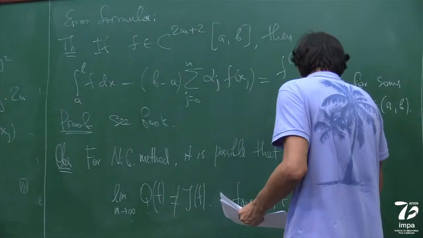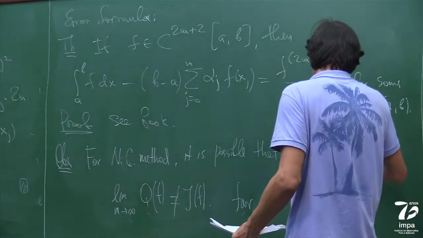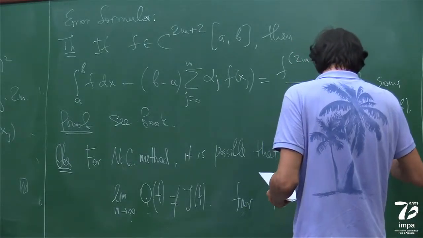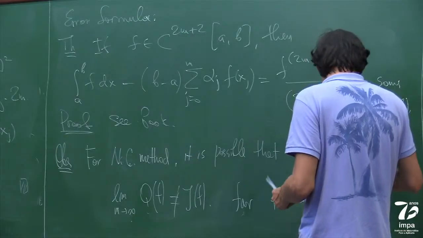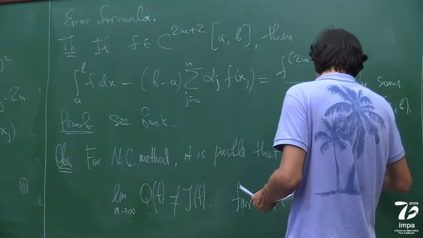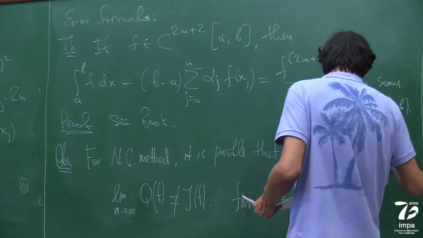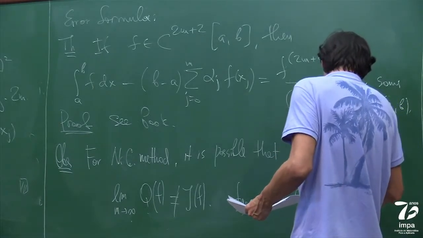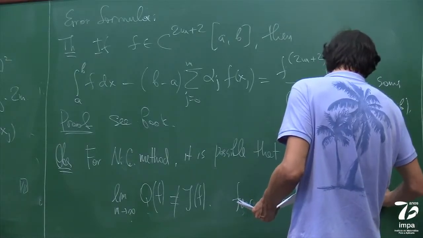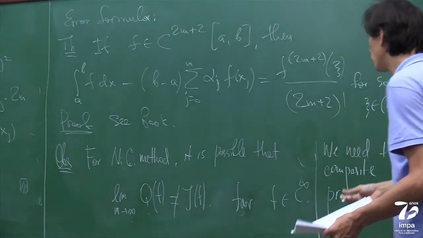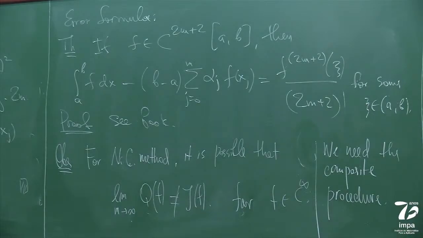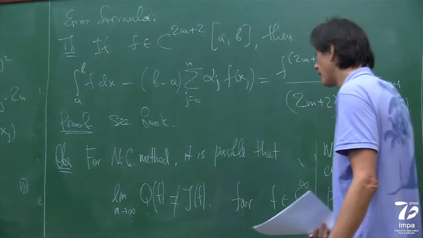So it means that we need this composite procedure. If with the Newton-Cotes formula you want to compute an integral very, very precisely, to increase precision you cannot increase m.